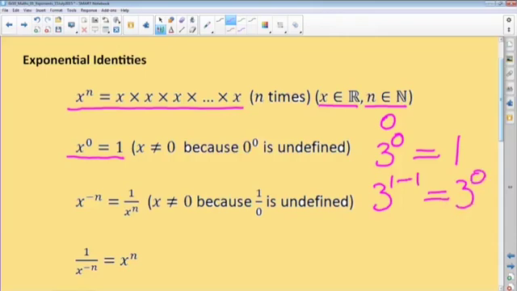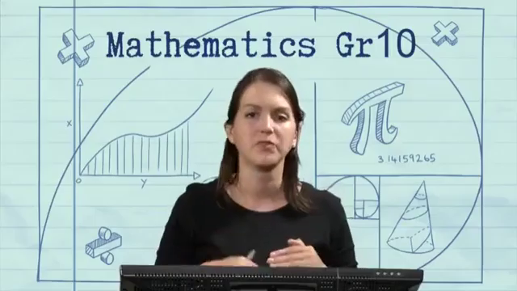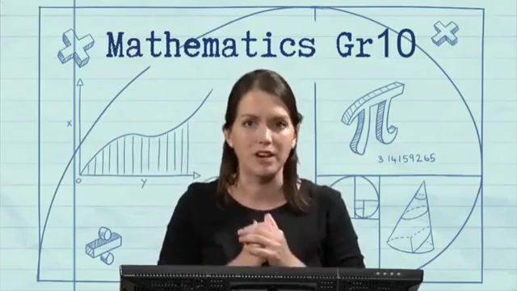Can't we? Makes sense. Now, we've got a negative exponent over here, and our next identity is going to tell us what to do with that, but I'll just preempt that, and I'll move that negative exponent to the bottom. So 3 to the power of 1 divided by 3 to the power of 1 gives us 1, because any number that is divided by itself will have an answer of 1.